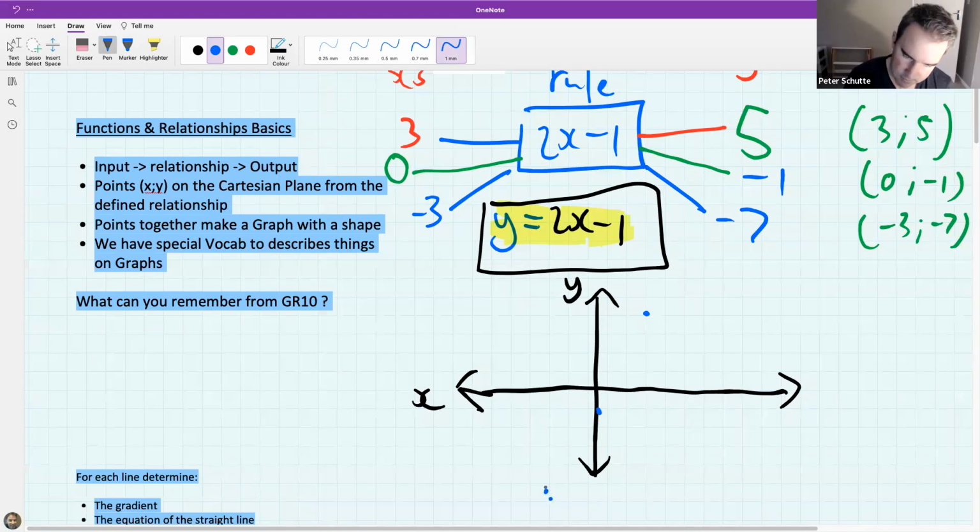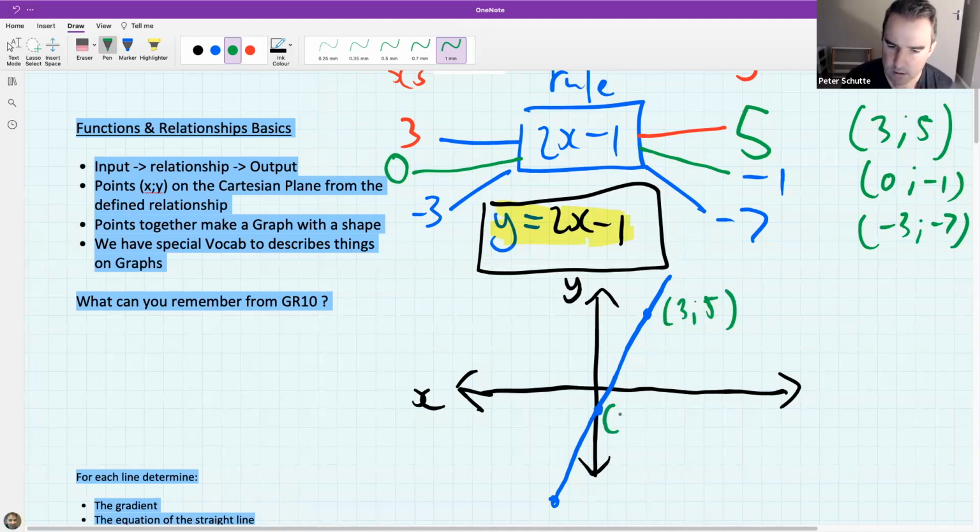So this relationship is called a straight line relationship because the points, or the mini relationships that go together, make a straight line. This point is (3, 5), this point is (0, -1), and this point is (-3, -7).